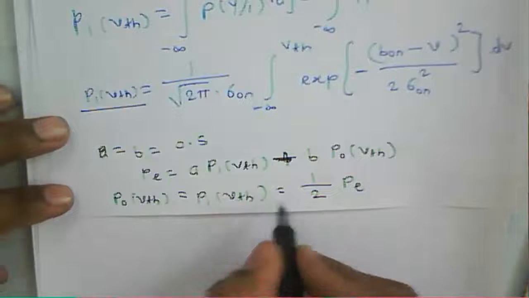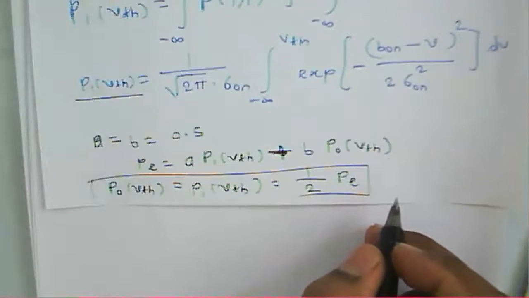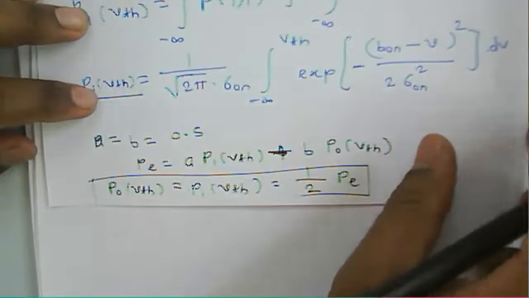PE is called the bit error rate or error probability.